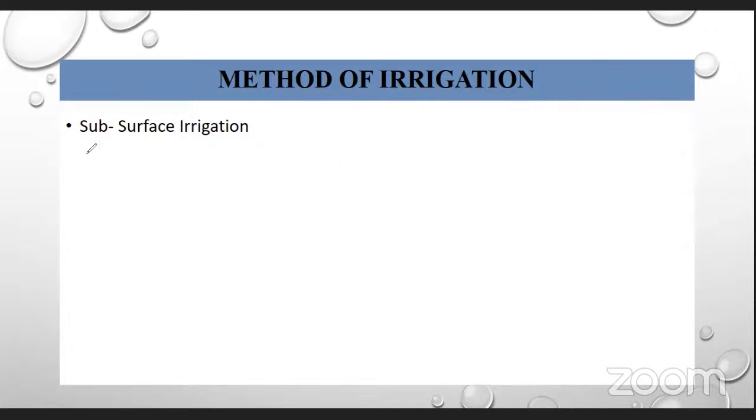Okay, now we have subsurface irrigation. In subsurface irrigation, water is usually applied to the subsurface soil through underground perforated pipes.